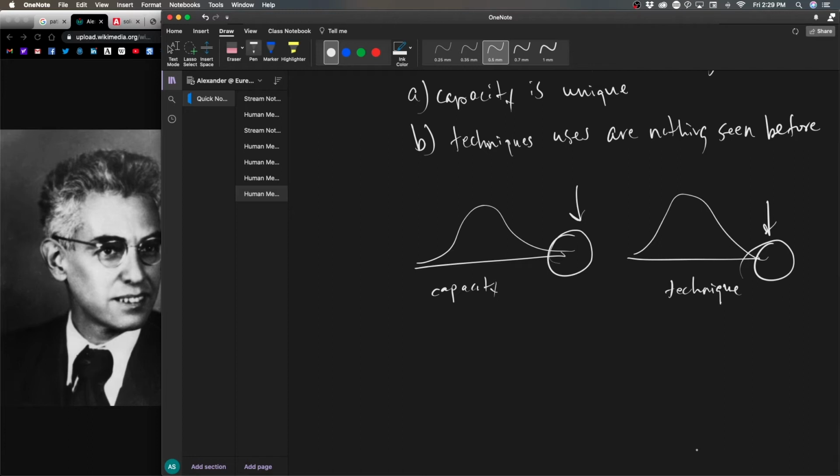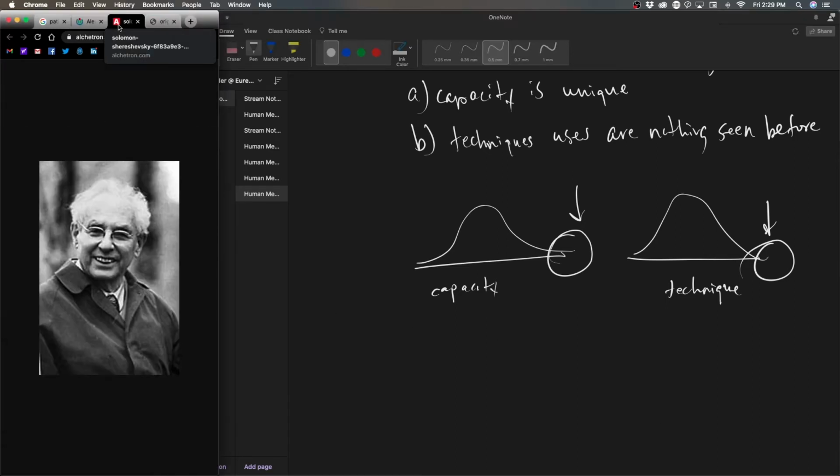Another story regarding how these two men spoke to one another and how they got into a testing situation was that Luria approached him in his 20s, and he was a newspaper reporter.